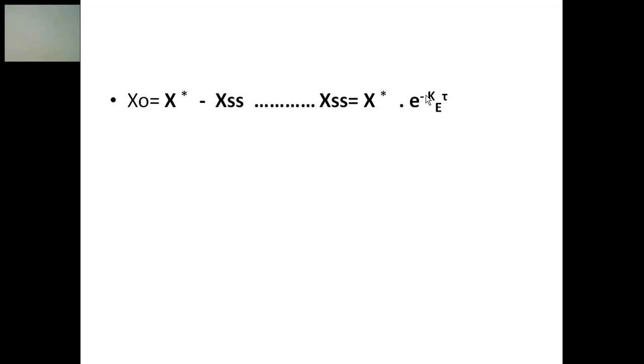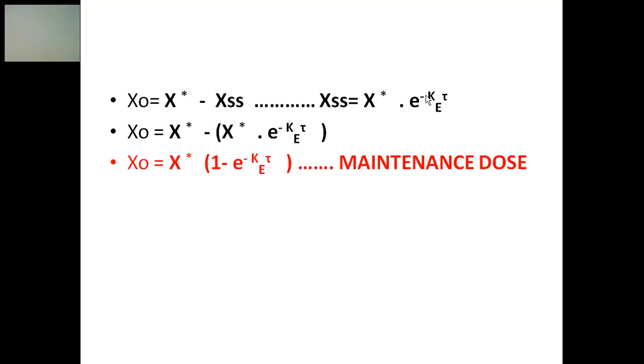Simple. We are replacing the steady state amount with this equation, and we get something like this. Here what we do is simple, you take x star as a common factor, that is the loading dose, and you get something like this. So we can write x star equals x naught divided by 1 minus e to the power minus ke tau.